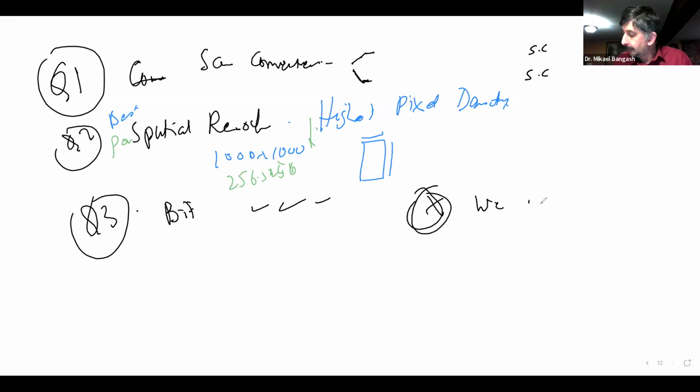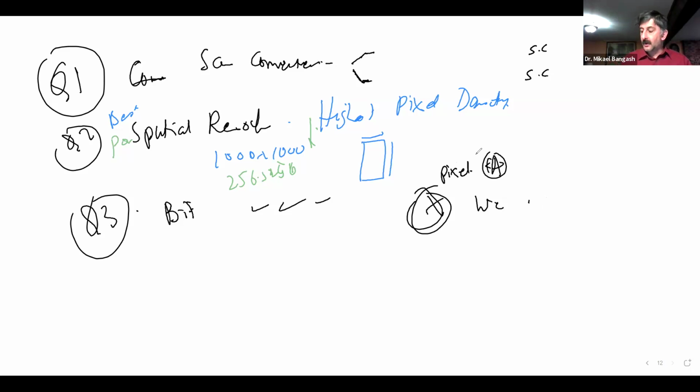Clear? Now, it is the smallest element of an image, and that is not a bit. That will be a pixel. So the first statement was the one that was not true.